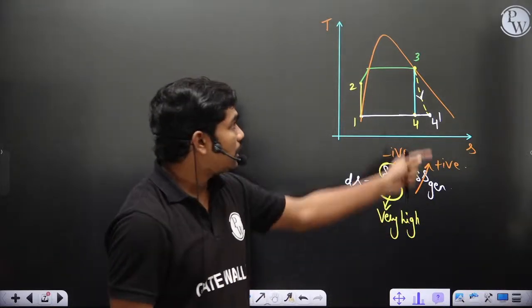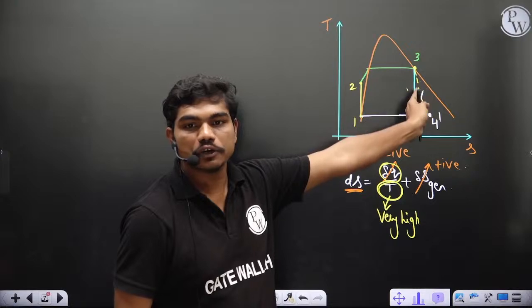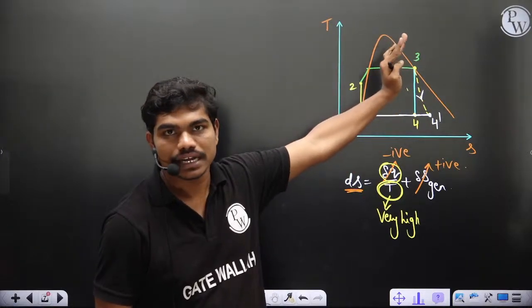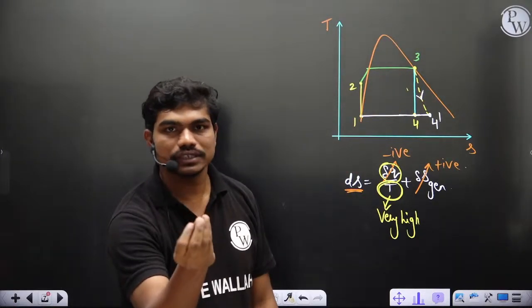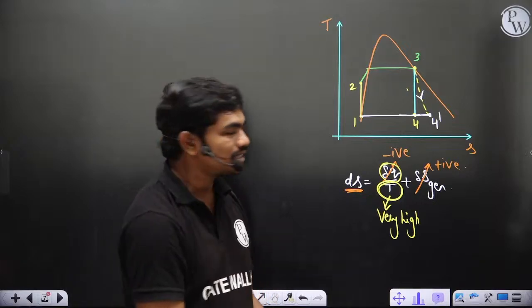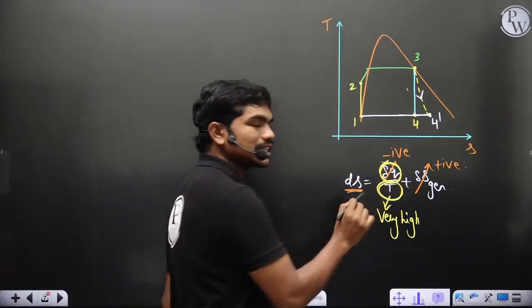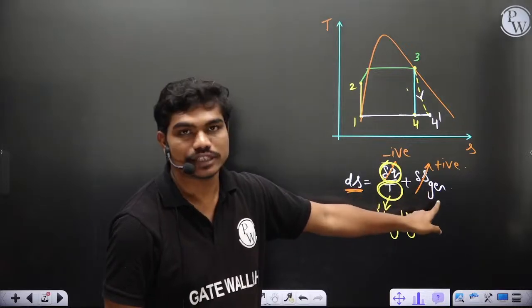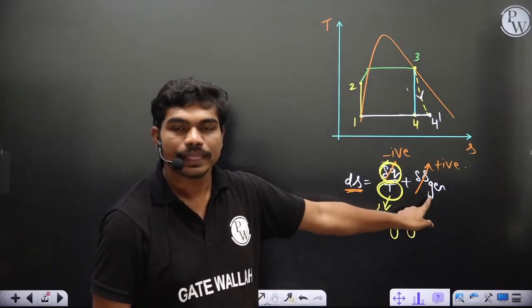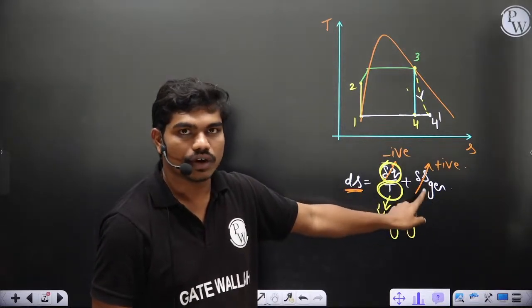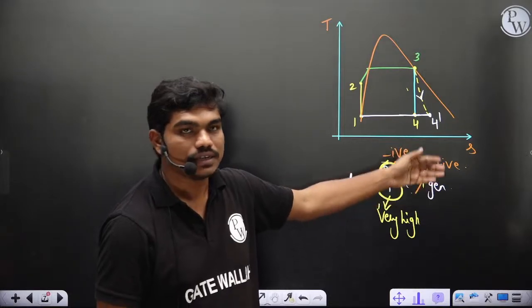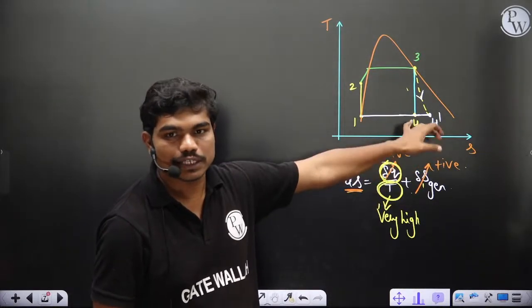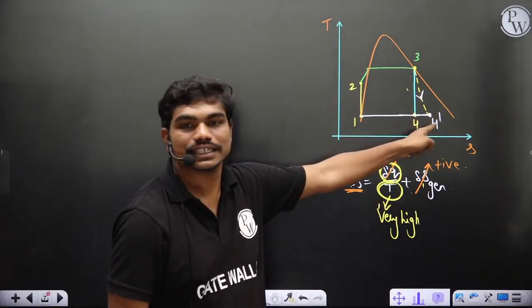The amount of heat you are putting into the turbine is some megajoules, and out of that, a few kilojoules just escape because of leakage losses. So practically this del q is very small, and this ratio will be very small compared to the generation term in the actual case. So in actual cases, entropy will increase, it won't decrease.